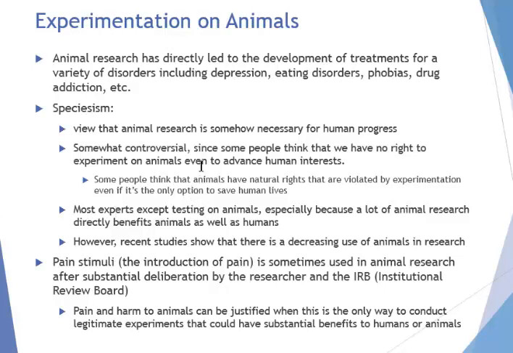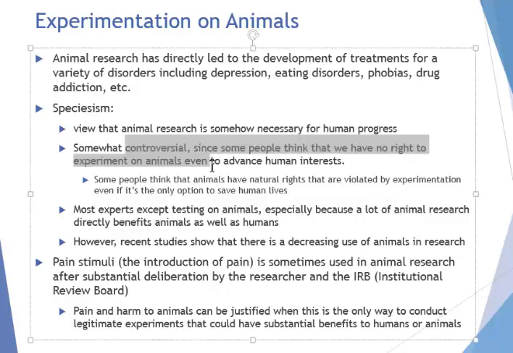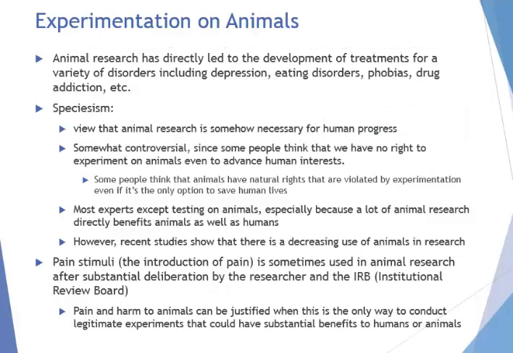And some people don't think that's a good idea. Some people think that we have no right to experiment on animals, even to advance human interests, and some will go so far as to say that animals have natural rights. Just like humans have natural rights, maybe animals have natural rights also, and by experimenting on animals in a way that can hurt them, we violate their natural rights.